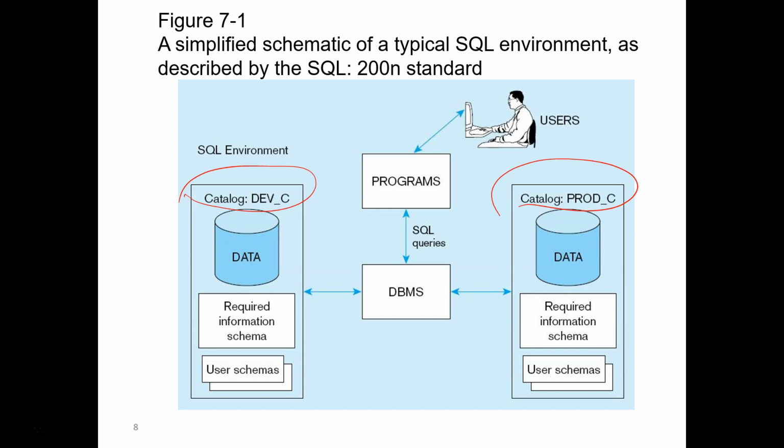Within each catalog, there are various database components, including the data tables, various user schemas that may include user views, procedures, and triggers, and the information schema that provides the metadata for all these components in the catalogs.